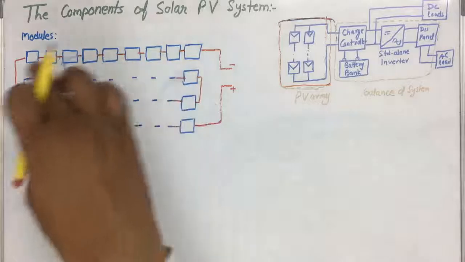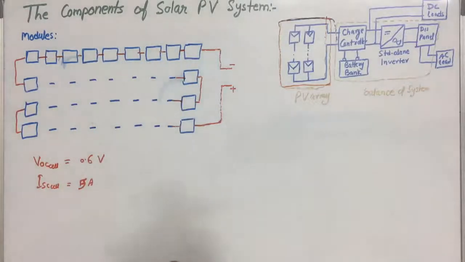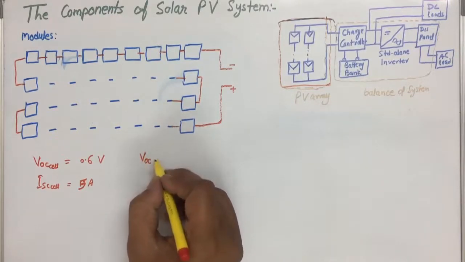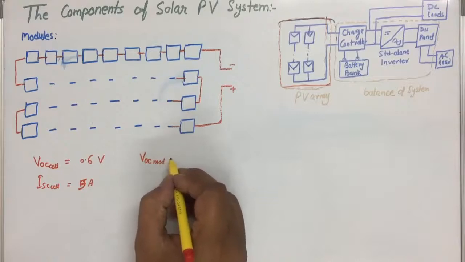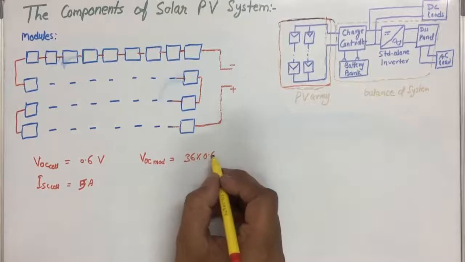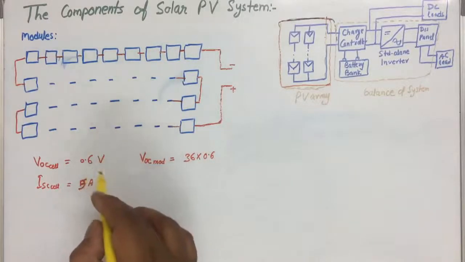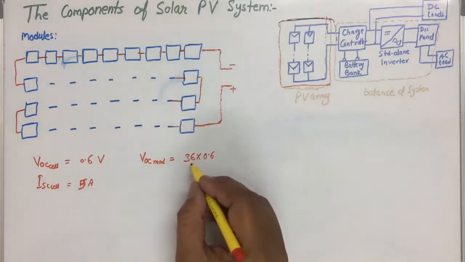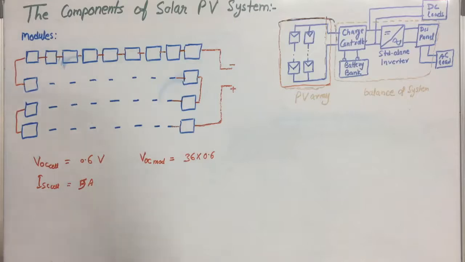Now if this module is there, the total output voltage, the open circuit voltage of this module, will be how much? 36 into 0.6, as they are connected in series, and we have seen in the previous slide that the series connection gives the addition of the individual voltages as the net voltage.